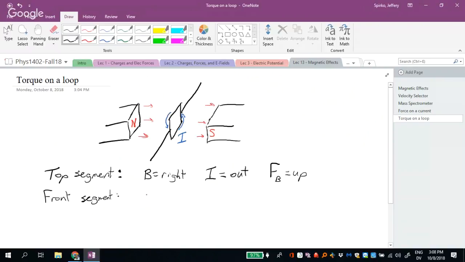So in the front segment, I is down. So FB is, I is down. Magnetic field is to the right, so FB is out of the page.